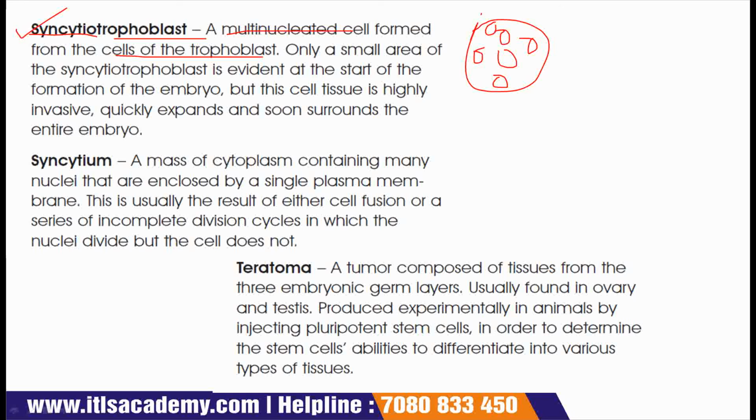Only a small area of the syncytiotrophoblast is evident at the start of the formation of the embryo, but the tissue is highly invasive, quickly expands and soon surrounds the entire embryo.